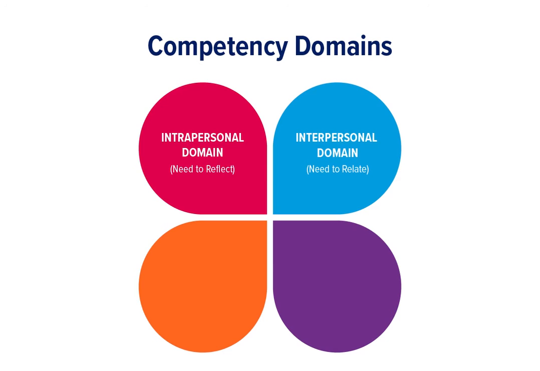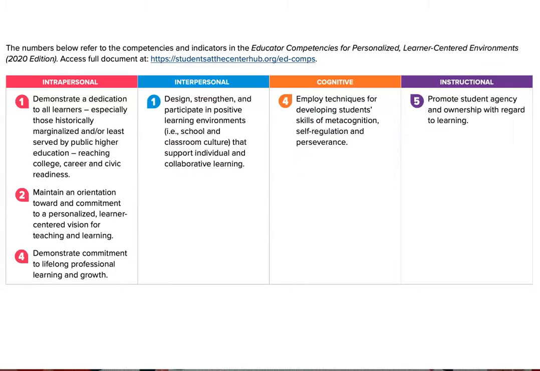The interpersonal domain is about competencies that are about relating with one another and with learners. The cognitive domain is all about what you need to know, while the instructional domain handles competencies that you need to do.